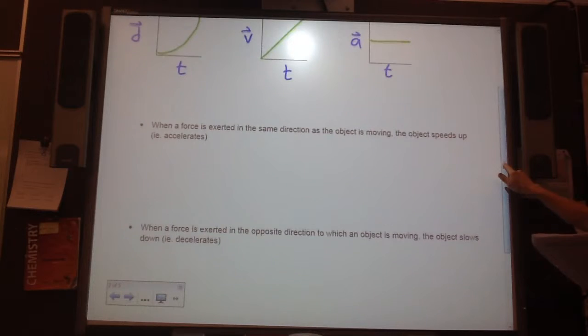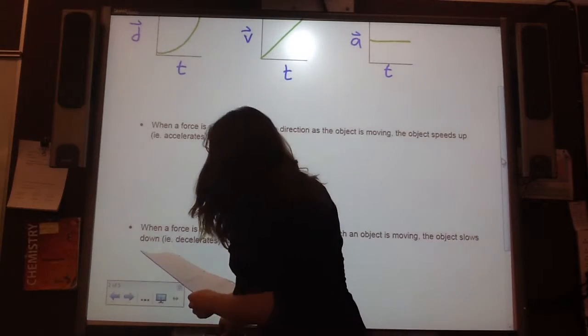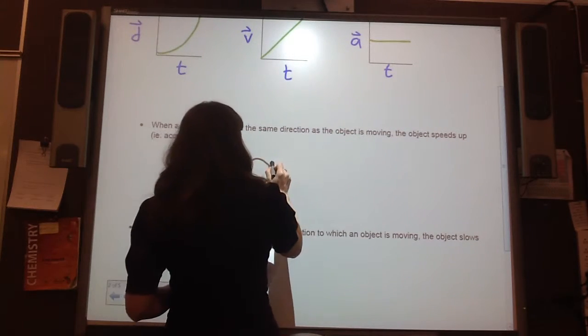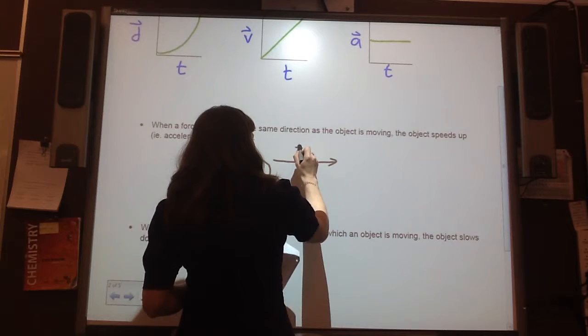So when a force is exerted in the same direction as the object is moving, the object speeds up. This is our acceleration. Say I have an object moving in the positive direction.